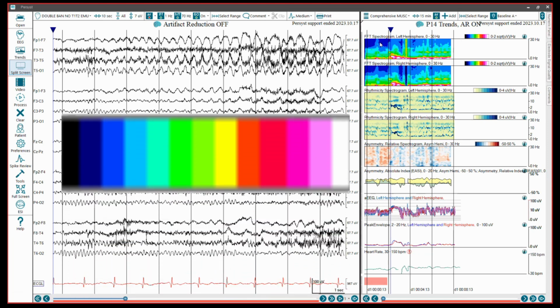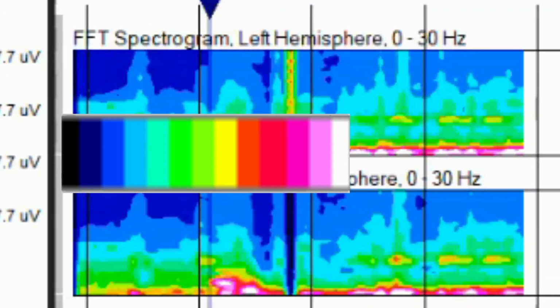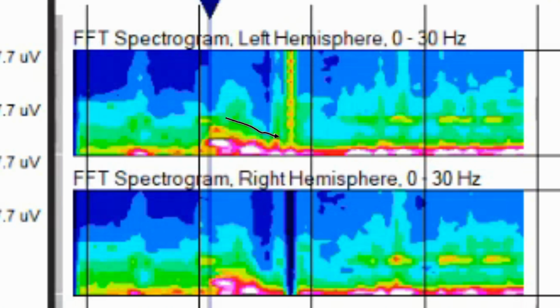Yellow is starting to get high, red, pink, so on and so forth. So it's white hot right here over the left. And you can see that there is a downward slope as the seizure progresses. And this makes sense because seizures oftentimes are associated with acceleration, as well as deceleration.